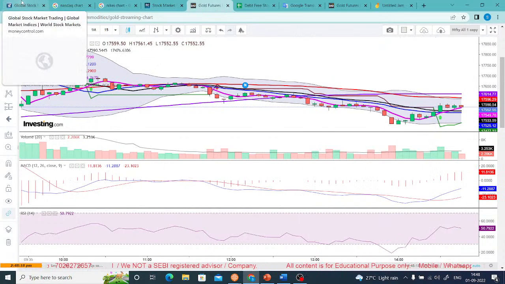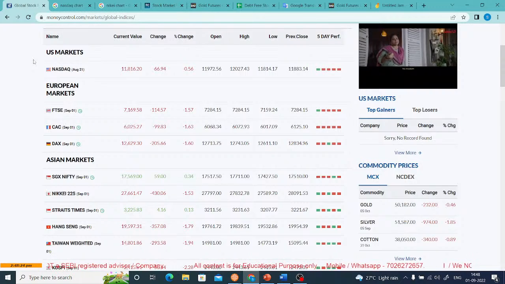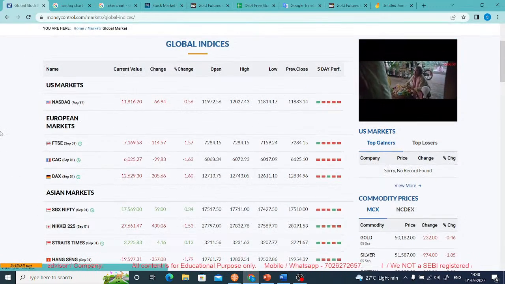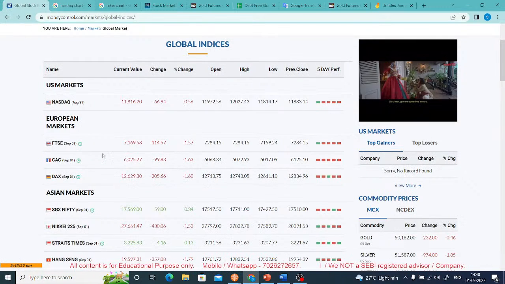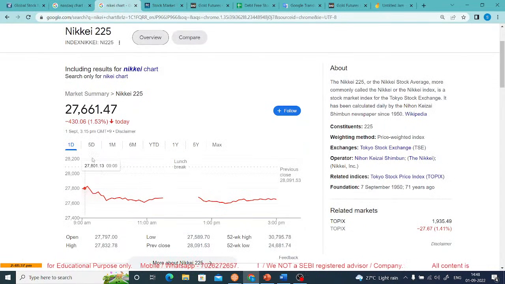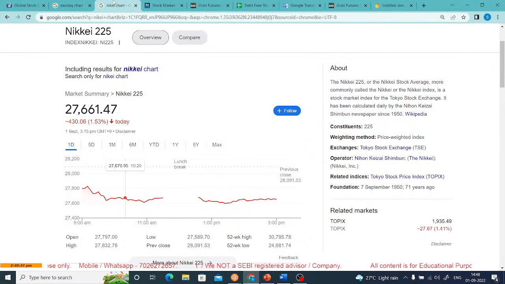So it's always a 90% good chance to start with shorting an option or else buying a put. Why? Because today the market closed negative for the Nasdaq, and the Nikkei was fully negative.